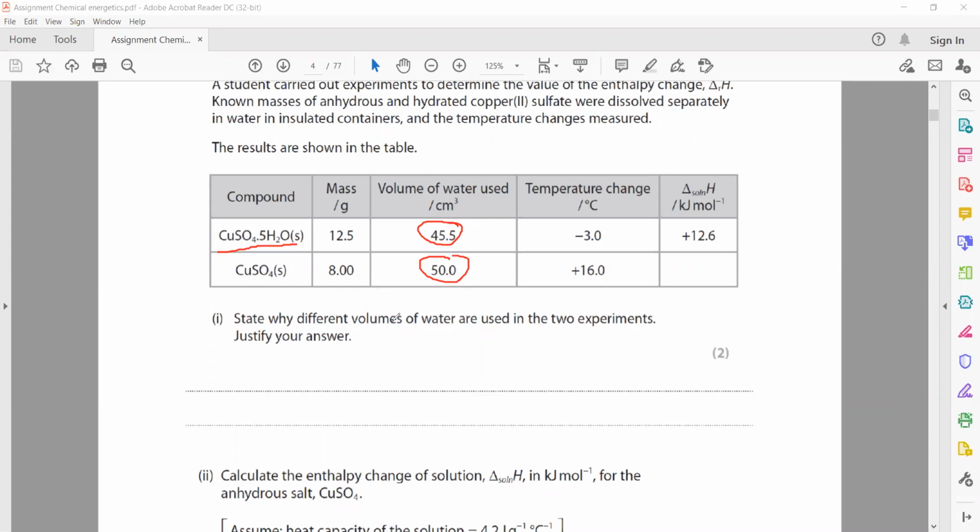So why do we use different volumes of water in the experiments?